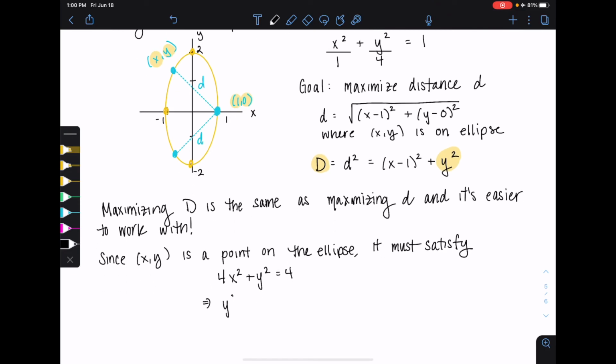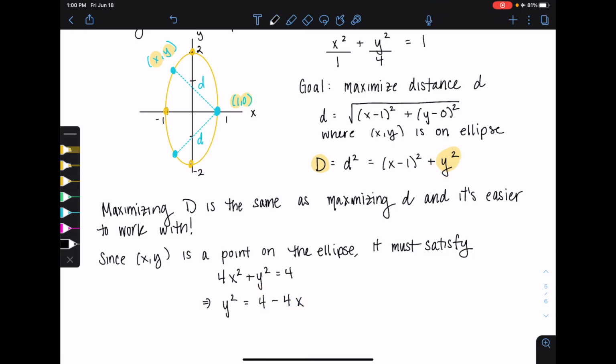Or solving for y squared, that must equal 4 minus 4x squared. And now, instead of this y squared, I can replace it by this quantity, and now I totally have just x's and can take derivatives.